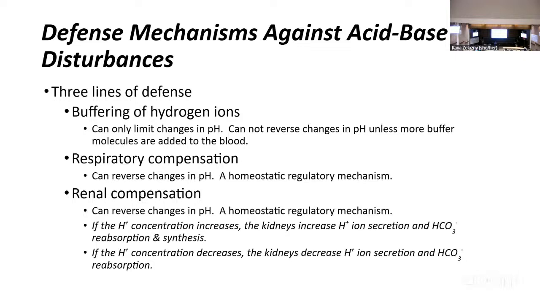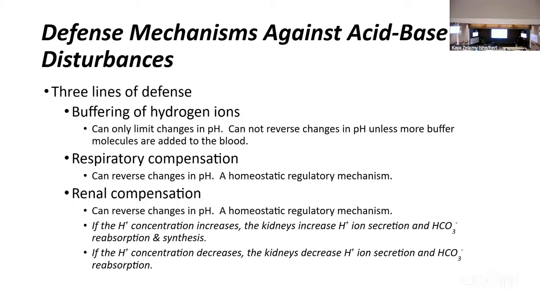So buffers, basically sponges for chemicals, right? We can soak up hydrogen ions, or we can squeeze them out, put them back into the bloodstream. Okay. So buffering of hydrogen ions with hemoglobin, or in particular with bicarbonate, is going to be able to limit changes in pH because we're soaking up the excess, or if we have too little, we're going to see a release of some of these.